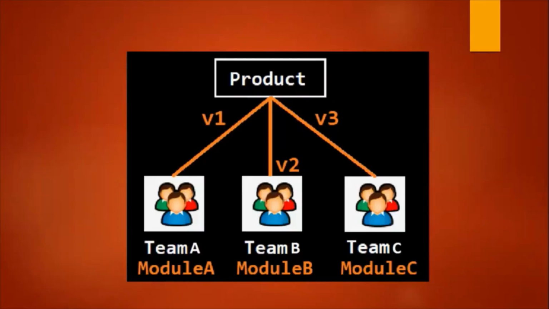Let's call that branch feature 1. Source code pertaining to module B resides in a different branch. Let's call that branch feature 2. If both teams A and B complete the whole work and they are planning to push all the changes, branch changes feature 1 and feature 2 can easily be merged into the main branch of the product. This is all about branch management.